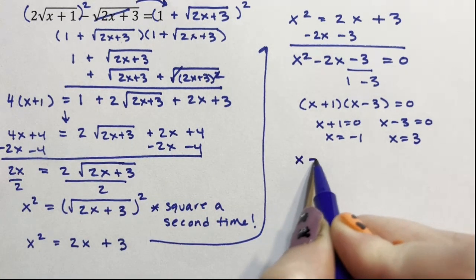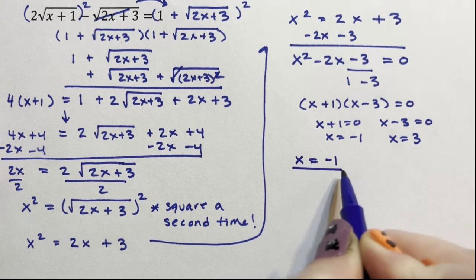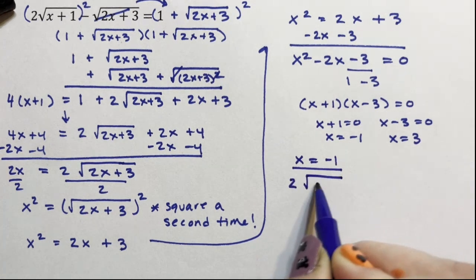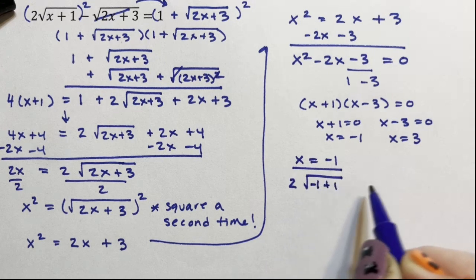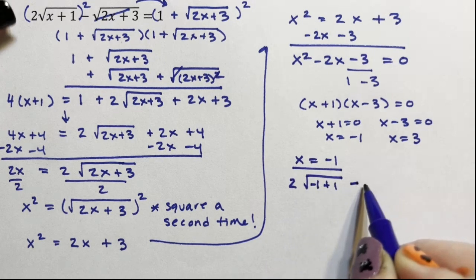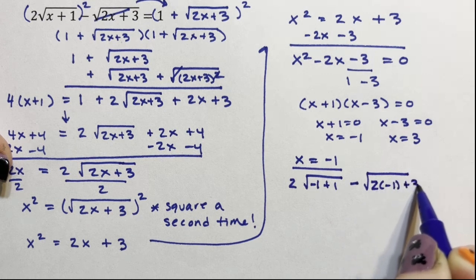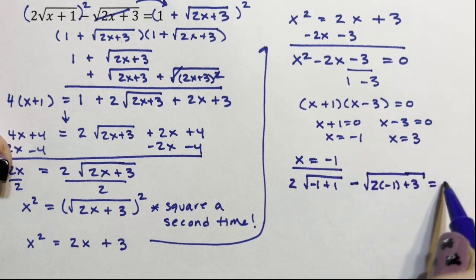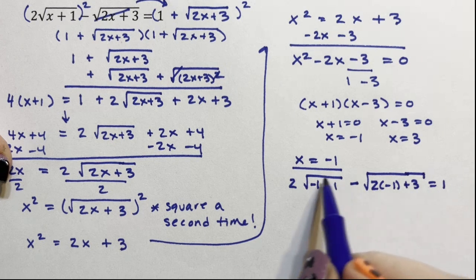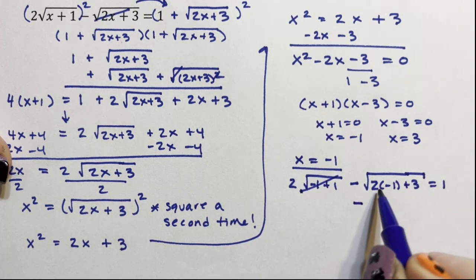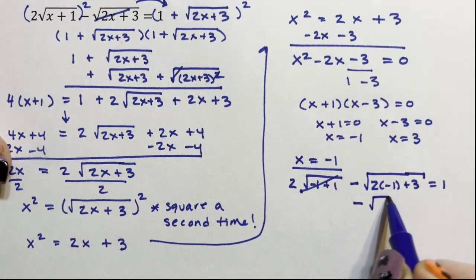So if we check x equals negative 1, the question becomes, is 2 times the square root of negative 1 plus 1 minus the square root of 2 times negative 1 plus 3 equal to 1? Well, this is 0. And this is minus, let's see, negative 2 plus 3, the square root of 1.